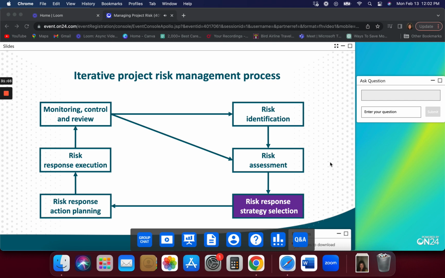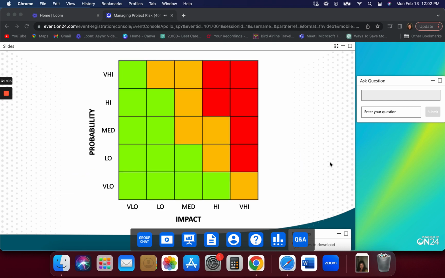So we'll go back to our matrix and say, think about the following. If you've got risks in the top right, what do they represent? What must we do with them? What would we like to see happen? And of course, the answer is, well, it depends. It depends whether we're talking about threats or opportunities.